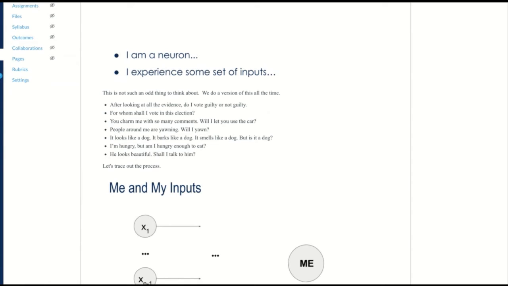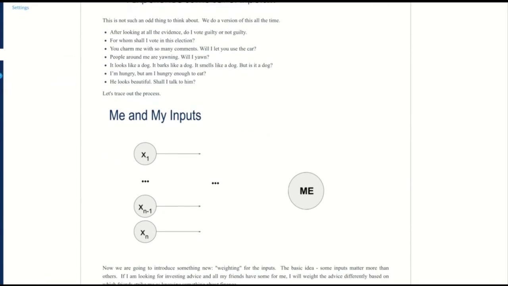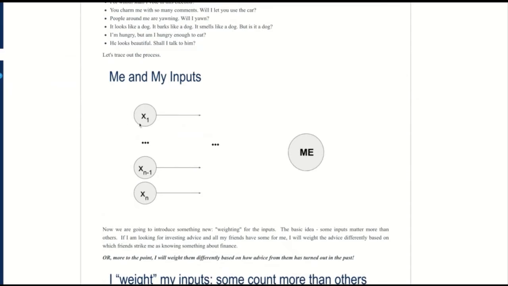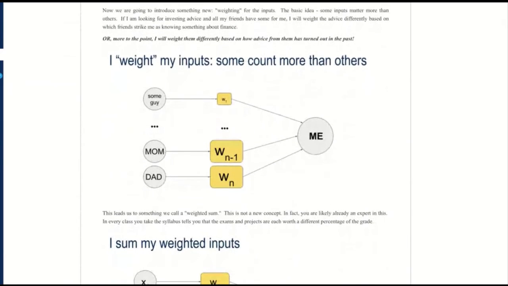And then lots of other examples on the list here. So you could think of each of the bits of input that I get as just an x1, x2, x3. And then what I'm going to do is weigh each input. I'm going to give a weight to it.